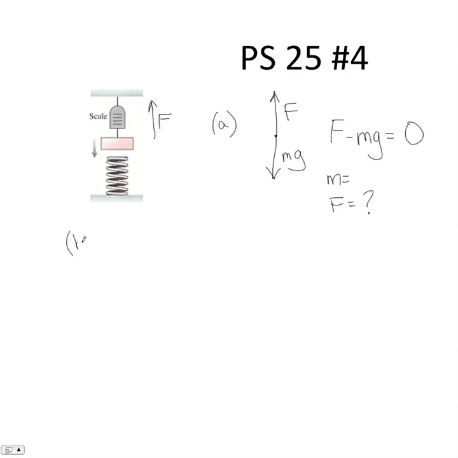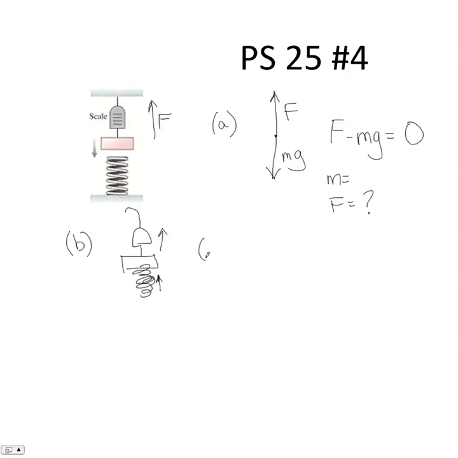Then, in part B, they lower the mass so that it's now sitting on top of the spring, and the spring is compressed down a little bit. The spring scale is still here, and it's still measuring force. So now the reason why the mass isn't moving is partly because the spring is pushing up on it, and partly because the spring scale is pushing up on it.